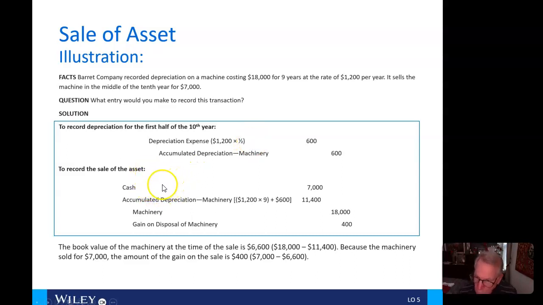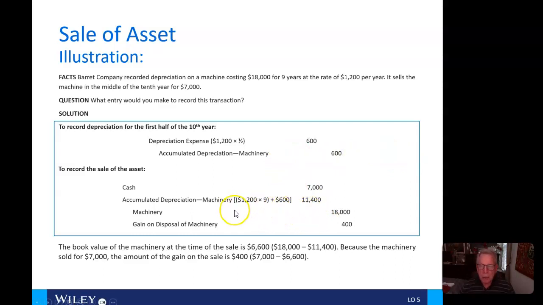Then we're going to record the sale of the asset. We're going to get $7,000 in cash, which we had here. And the machinery is going to go away for $18,000. Accumulated depreciation is going to go away on the old machine, plus that $600 that we did for the half year.